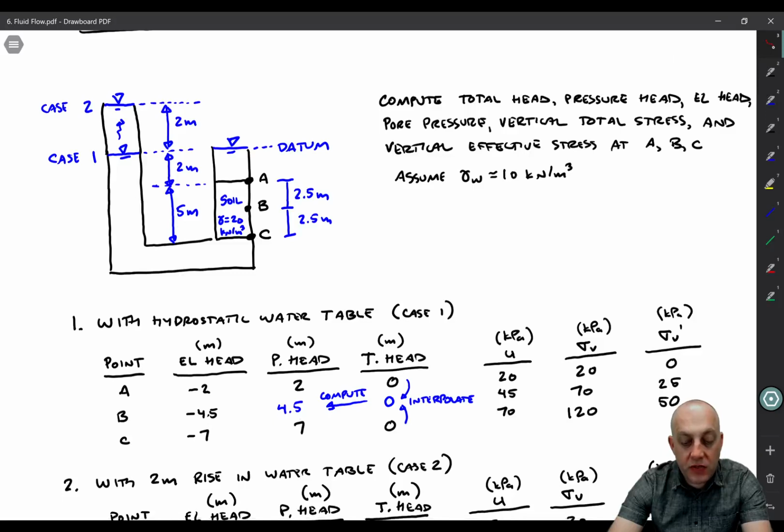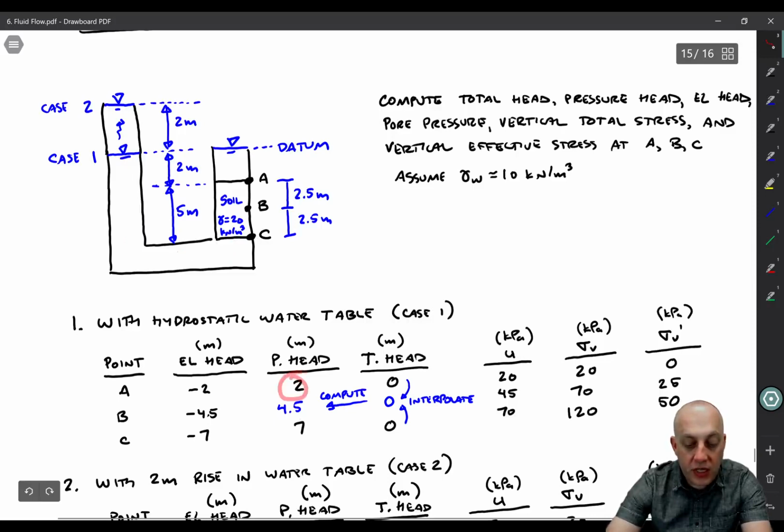This is kind of a review, but I just wanted to show you how to get it in the context of our seepage problem. So let's talk about what we know. At points A, B, and C, we know the elevation head. We always know elevation head. At points A and B and C, those are right on the boundary of a soil layer, so there's just water between that soil surface and a free water surface.